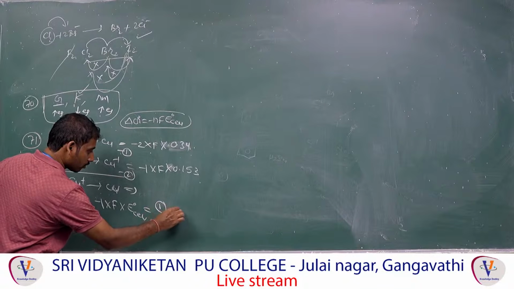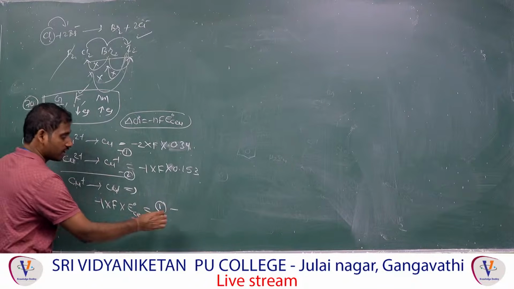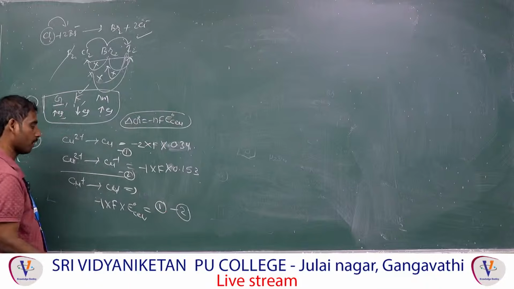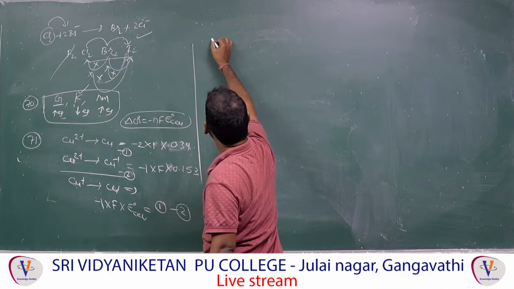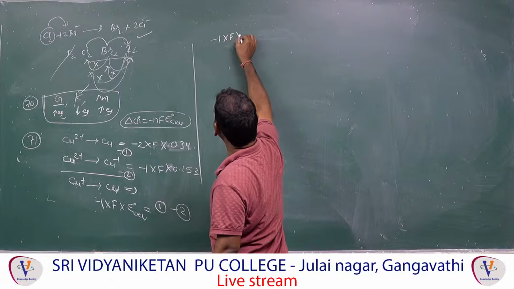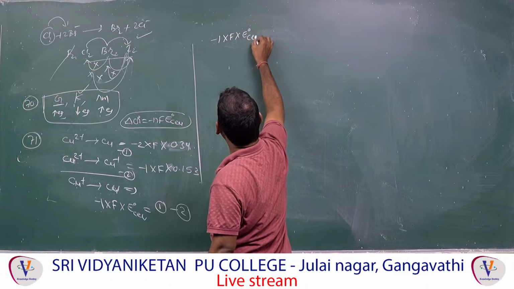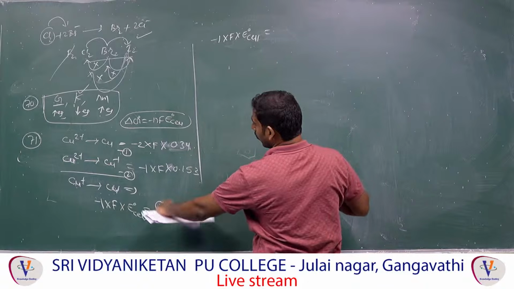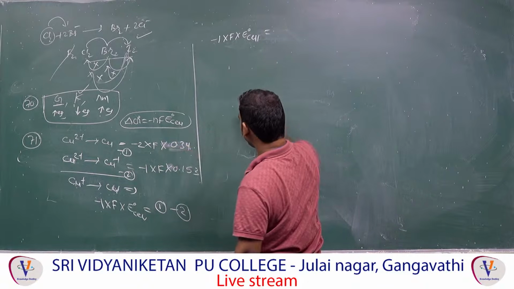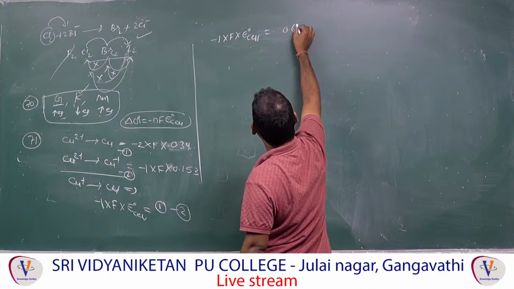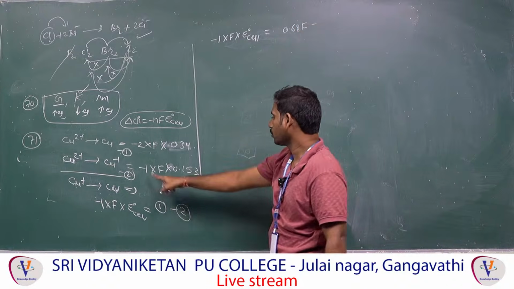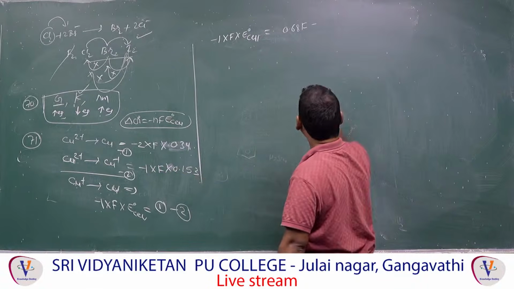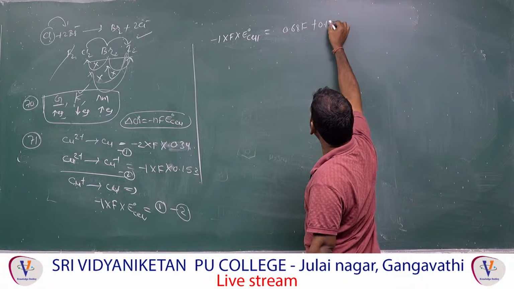Reverse means actual 1 plus 2, reverse means 1 minus 2. Observe now. Minus 1 into F into E naught cell is equal to 2 into 0.34, that is 0.68 F, again minus 1, so minus into minus is plus 0.153.